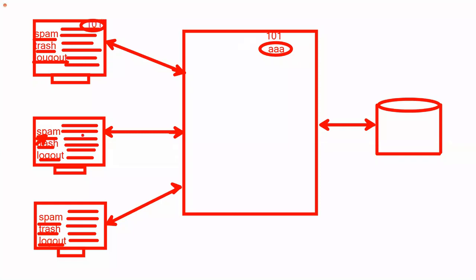In the same style, for this user also, one ID is created, for example 102. While sending the mailbox, the 102 ID is also passed, and it is stored in browser memory. In the same style, for this user also, one ID is created, for example 103.